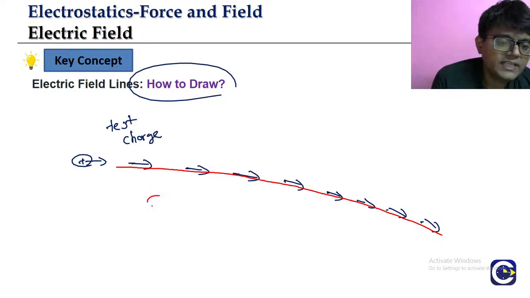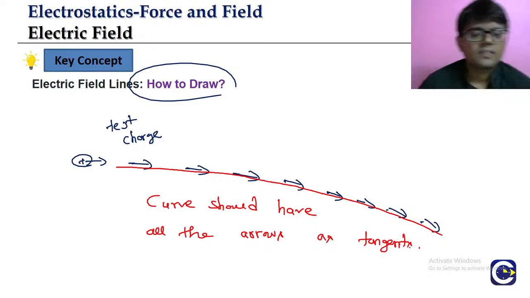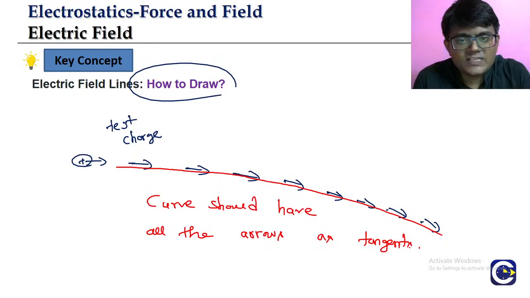The curve should have all the arrows as tangents. Curve first வரது கிடையாது. So how you draw the field line?